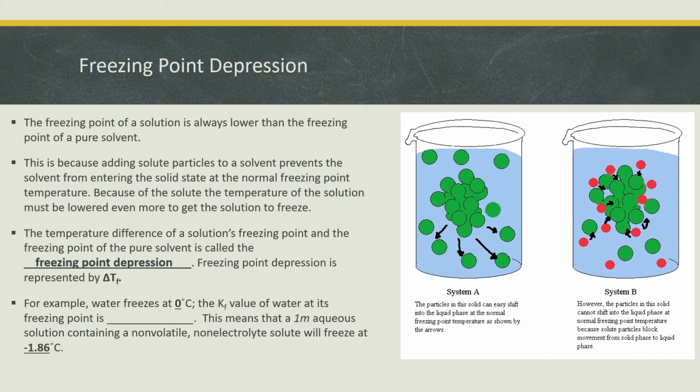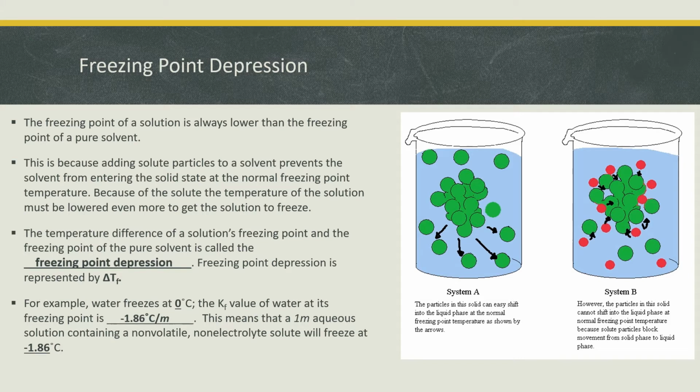For example, we should know that water freezes at 0 degrees Celsius. And the K sub F value, that constant, is going to be negative 1.86 degrees Celsius per mole. So basically this means that a 1 molal aqueous solution containing a non-volatile, non-electrolyte solute will freeze at negative 1.86 degrees Celsius, okay?